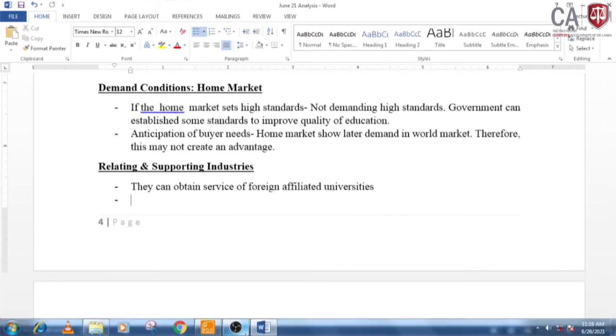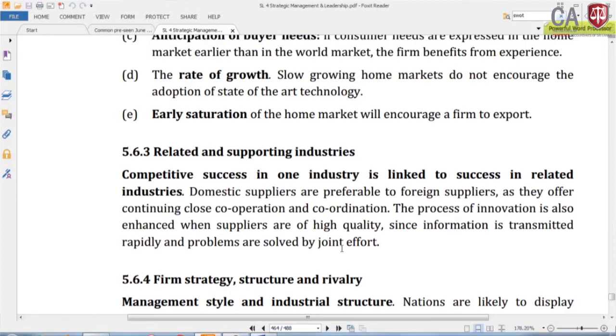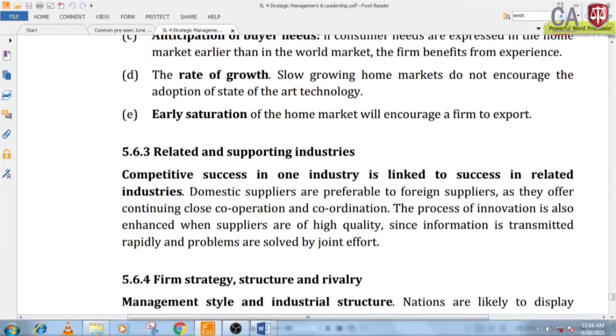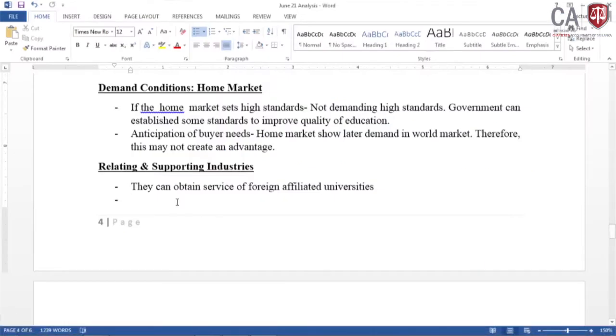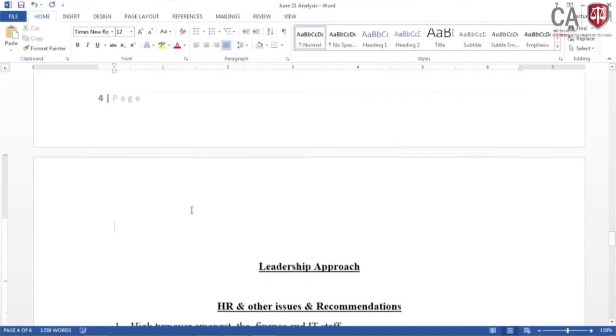Right. Any other thing we can look at? Anything else? We'll take that point only now. Related and supporting industries.